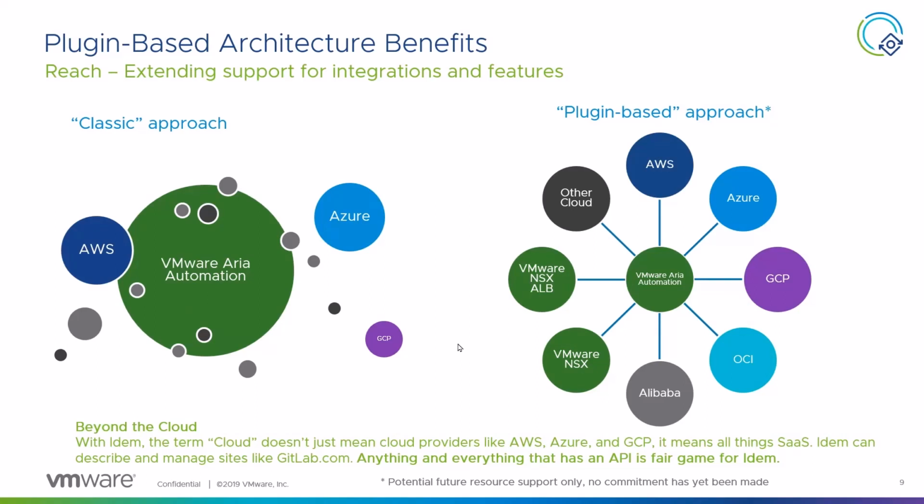In addition to all these cloud providers, we're looking at other integrations, with things like NSX, Alibaba, or, as you will see on a slide, coming soon, there's a tech preview today for VMware Advanced Load Balancer, formerly Avi.